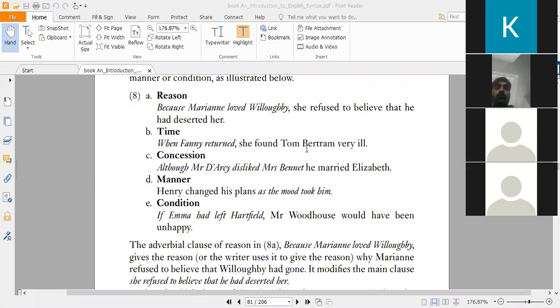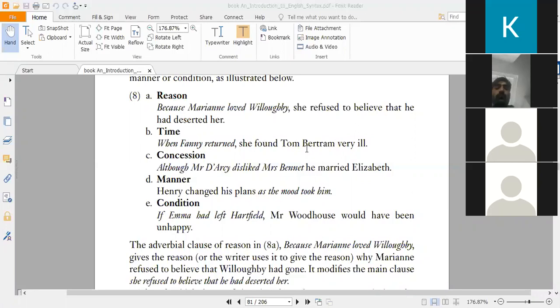Then adverbial clause of manner. Henry changed his plans as the mood took him. So as the mood took him is an adverbial clause of manner, and it is modifying the whole clause, Henry changed his plans.